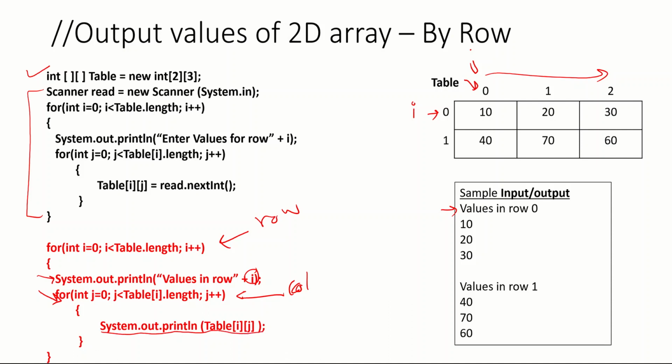So the first time we have I 0 and we have J 0, it means do the output of the element 0 and 0, which is 10. And that's why we have 10 as an output here. Once you increment your J and J is moving to the second column, it means you are doing the output of 0 and 1, it means the value 20, and this is 20.